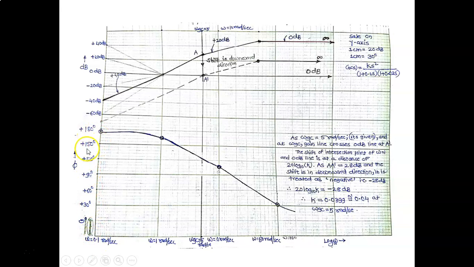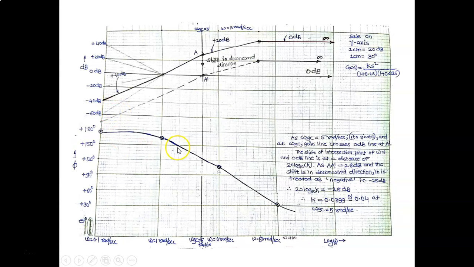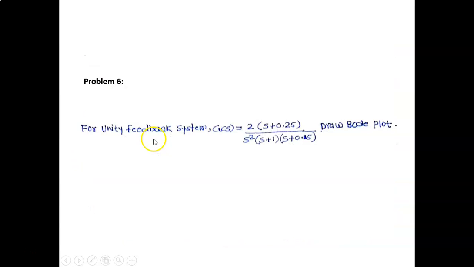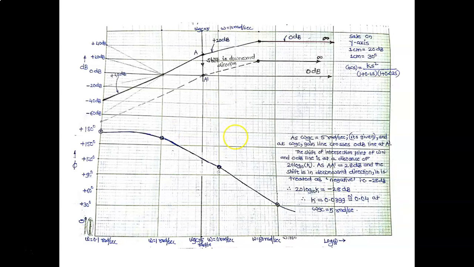At omega 0.1 our angle is somewhat 178, then 167, 105 and 29 degrees. Therefore join these points by a smooth curve. This is known as the phase plot.